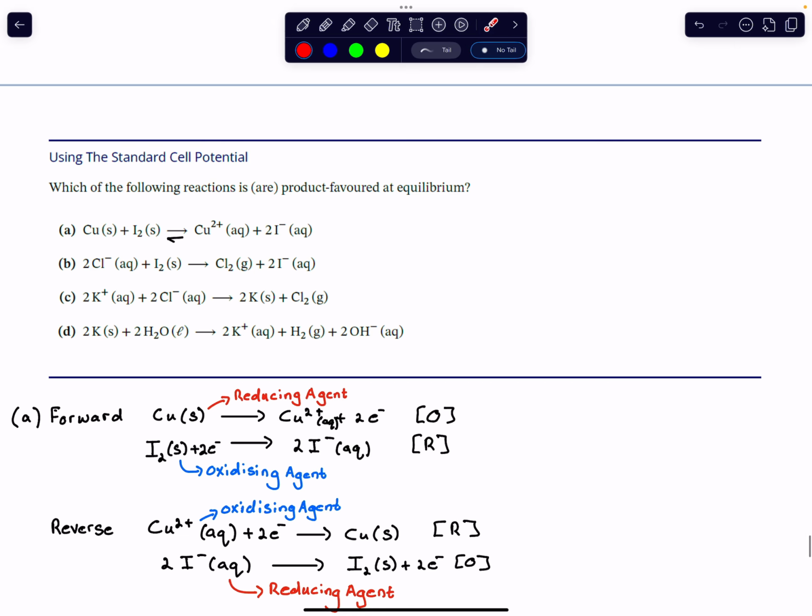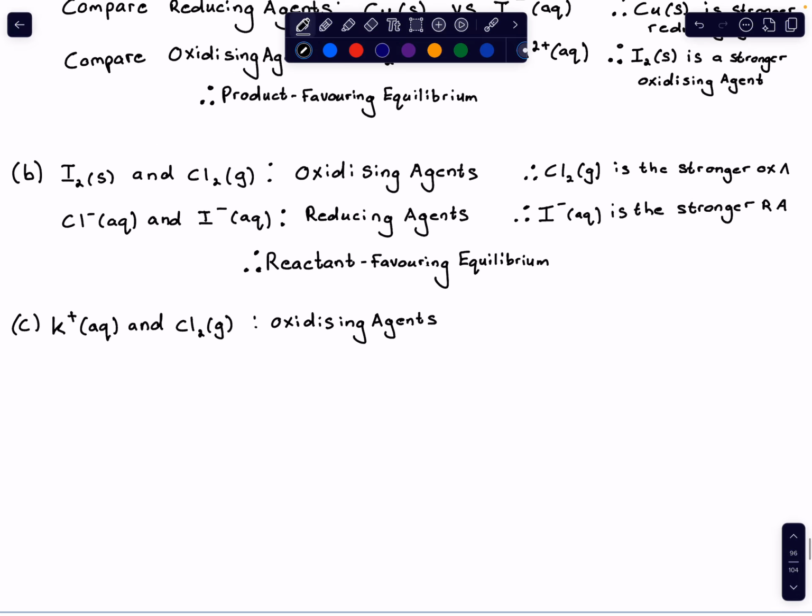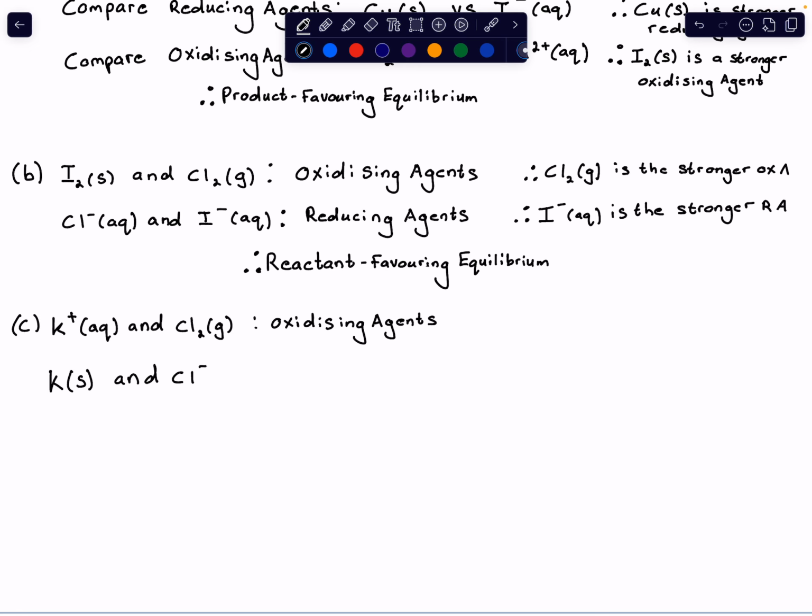So we said potassium plus was being reduced to potassium, and Cl2 was being reduced to Cl minus. And in a similar fashion, Cl minus was being oxidized to Cl2, and potassium was being oxidized to K plus. Those are our reducing agents that we must compare. So potassium solid and Cl minus aqueous are the reducing agents.